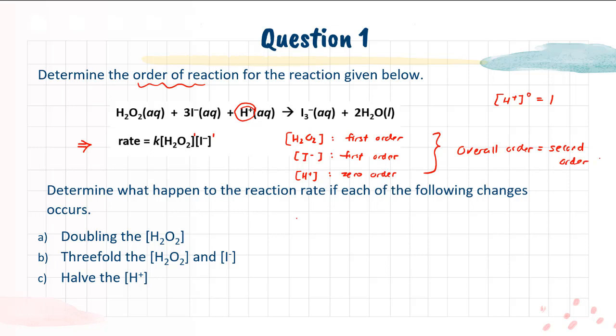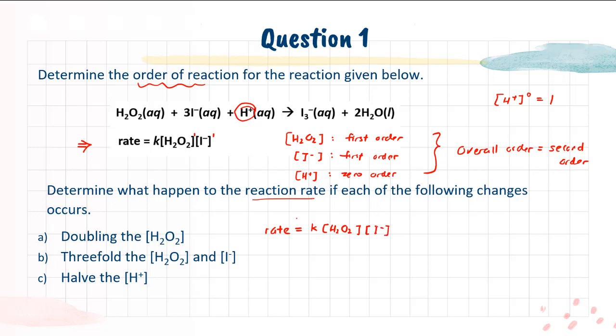So for the same questions, determine what happens to the reaction rate if each of the following changes occur. First one, doubling the concentration of H2O2.